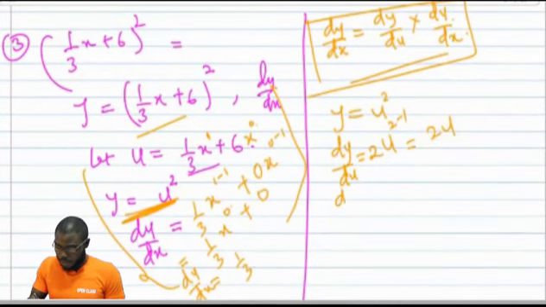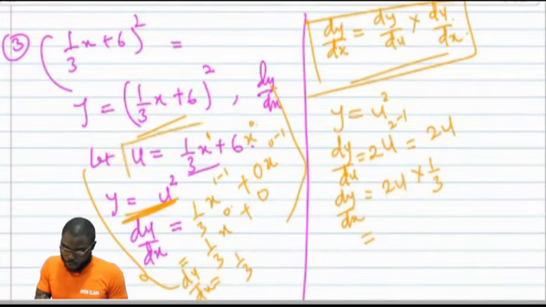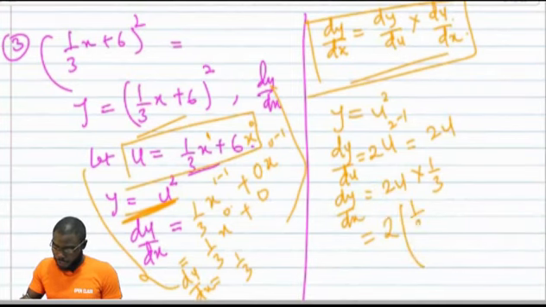Which means that dy by dx equals dy by du, which is 2u, times du by dx, which is 1 over 3. Now you substitute your u back. Remember that you said let u be equal to this. So if you substitute your u back, you have 2 into 1 over 3x plus 6 times 1 over 3.